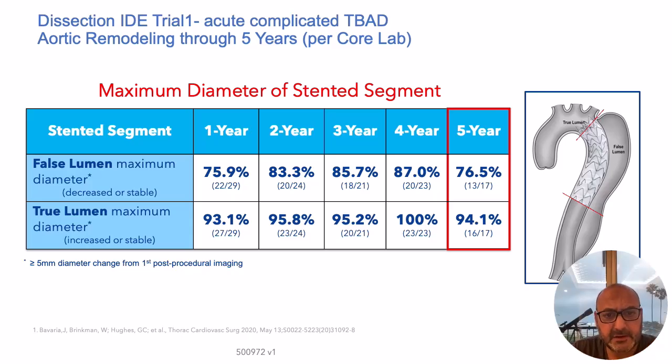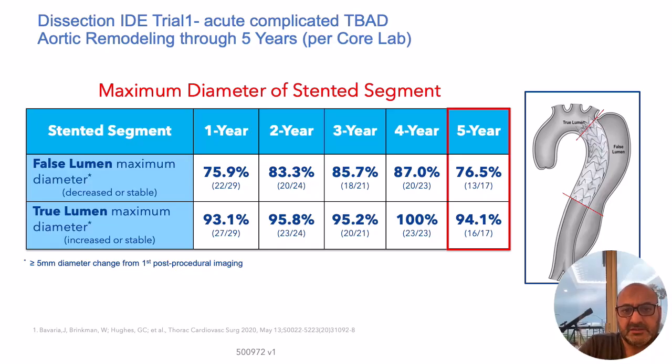In this slide, you see a nice presentation of what happened to the false lumen 5 years after stent. As you see, the false lumen diameter either decreases or stays stable, meaning you don't develop aneurysmal dilation when you have a stent. The true lumen also either increases or remains stable in this trial, in 94% of the patients.